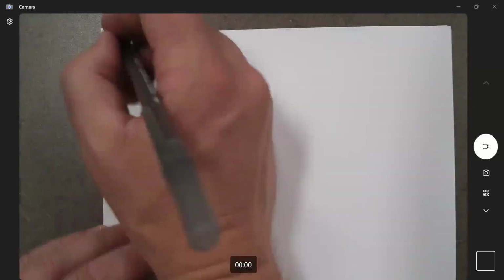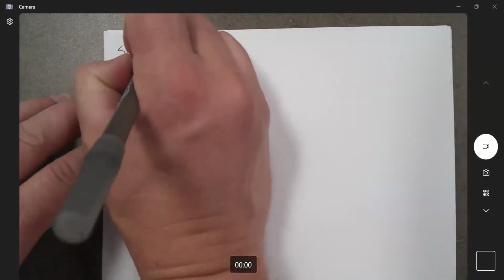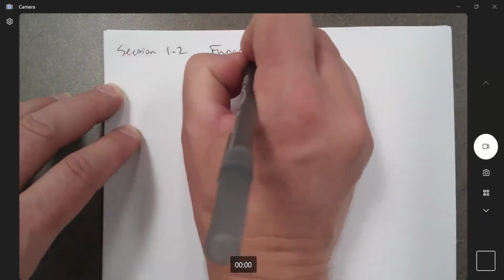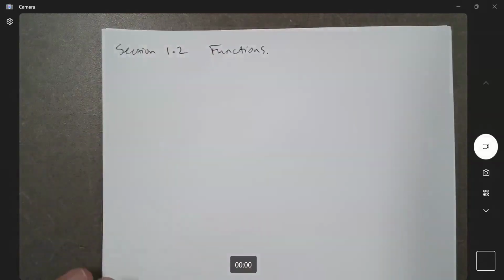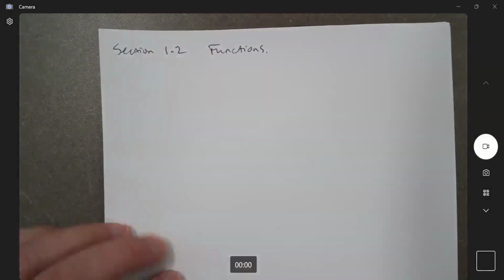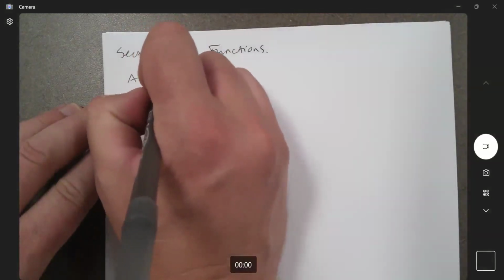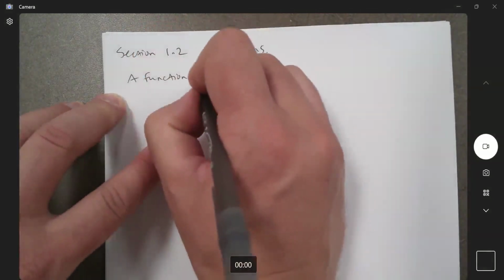All right. Section 1.2. Functions. So a function, first of all, is one of these mathematical ideas.